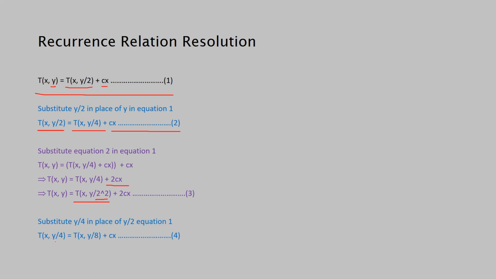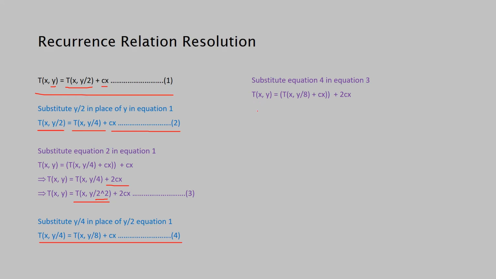So basically the same thing that we did previously. Now what we can do is plug this equation, equation number 4, into equation number 3, and this is what we will find.